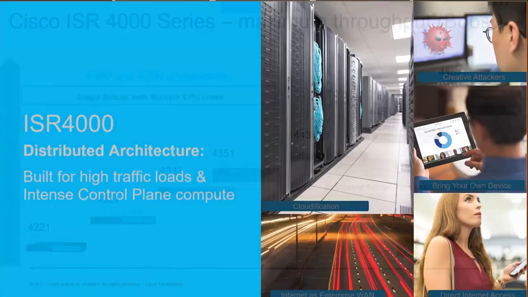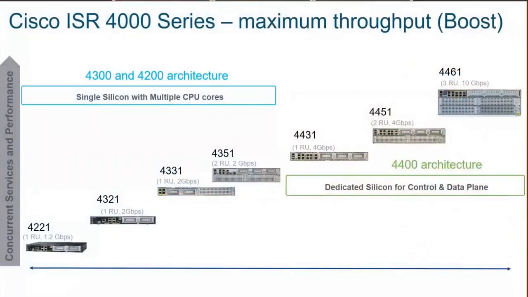Let's see what the ISR architecture is. Before that, this is the evolution of the throughput among the different models. So this will give us 1.2 Gbps at max, and then 2, 2, 2, 4, 4, and 10 Gbps.